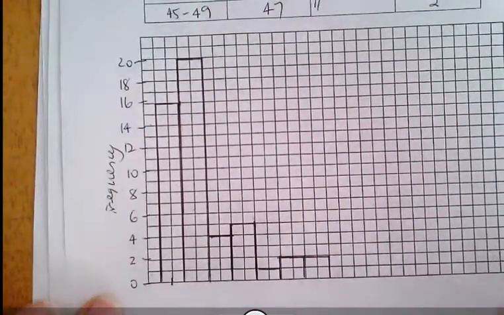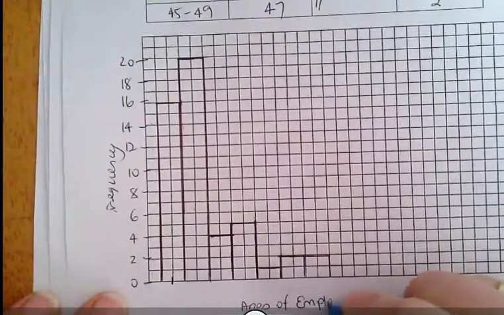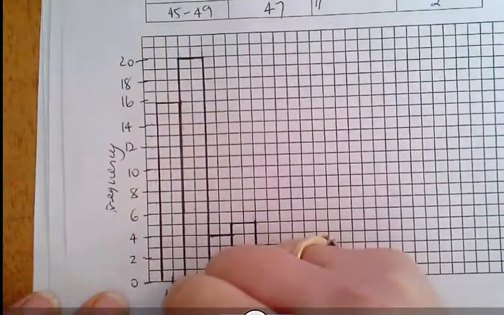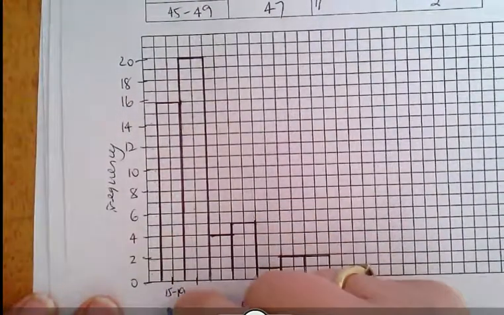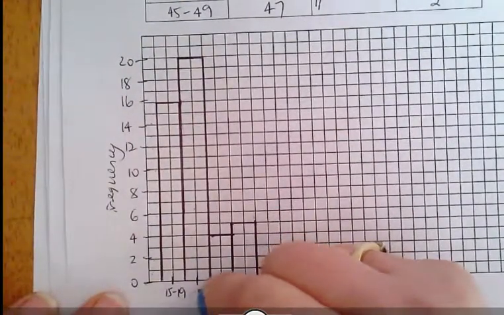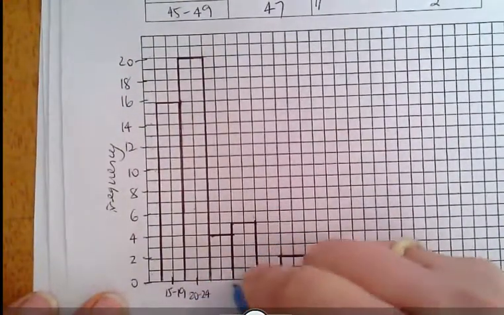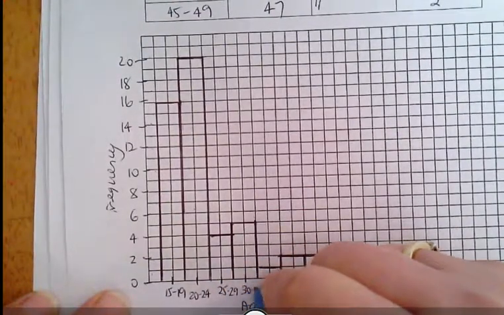So we want the ages of our employees. So we can just put here that it's 15 to 19 in this group. Sometimes you can do class centre as well and just write class centres 17. But I'm going to put the actual ages, 20 to 24. We've got 25 to 29, etc. 30 to 34.